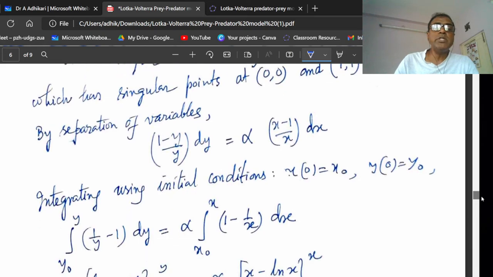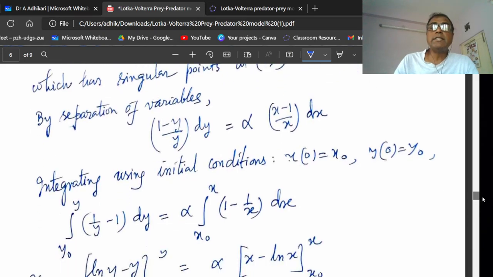And integrating using the initial condition x0 equals x suffix 0 and y0 equals y0. This is the initial condition, the initial prey density and initial predator density at non-dimensional time τ equal to 0.